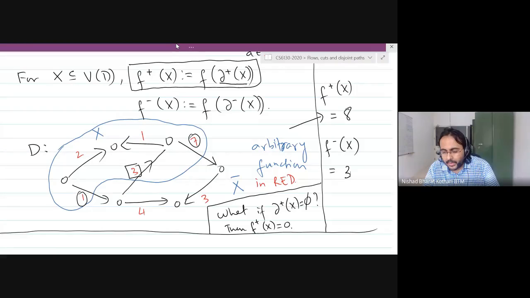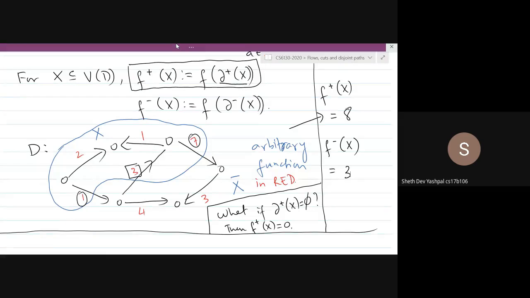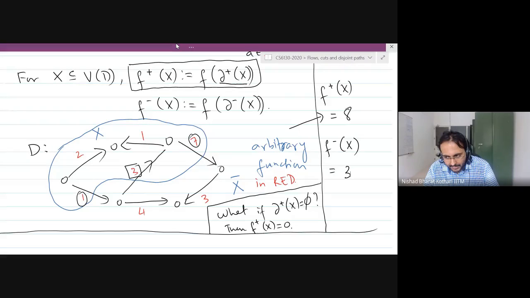So just while you are here, Dev, what is the specific course in which you studied Max Flow Min Cut? CS2800, design and analysis of algorithms. And this was taught by Meghna? Yes. Okay. What about others? Have others also seen it in the same course, or is it a different course taught by someone else? You're on the same batch, sir. Oh, you're all from the same batch, so it was the same course.